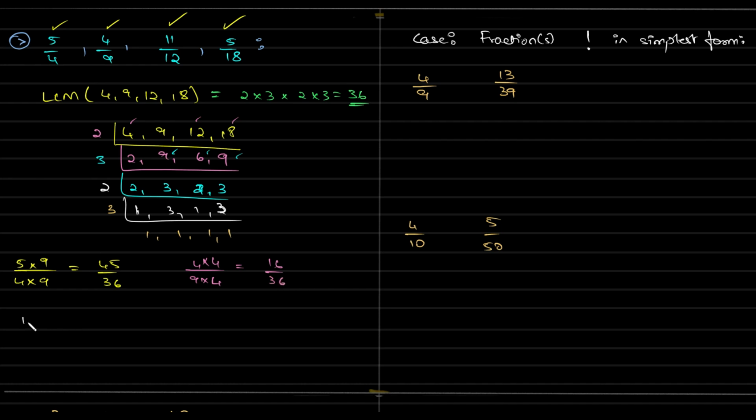Next we have 11 by 12 into 3 by 3, 33 by 36, 5 by 18 into 2 by 2, right? 10 by 36, and thus we converted the unlike fractions to like fractions. Okay, done. That's it.